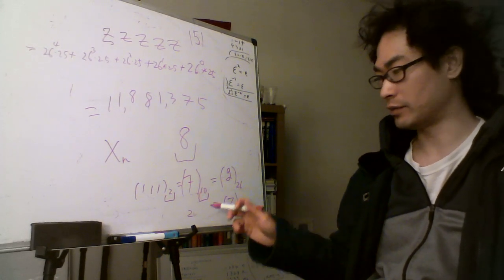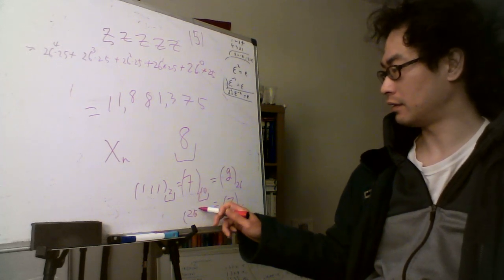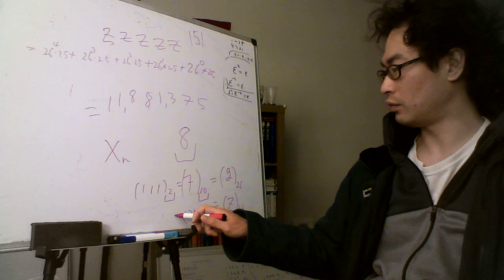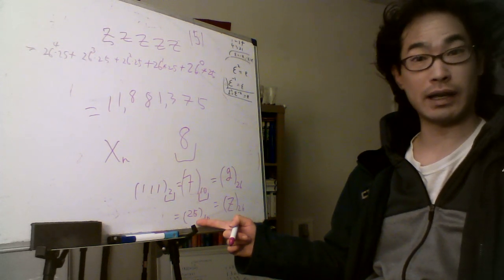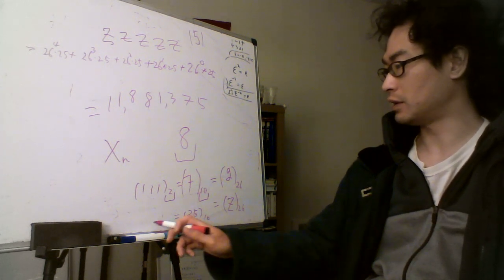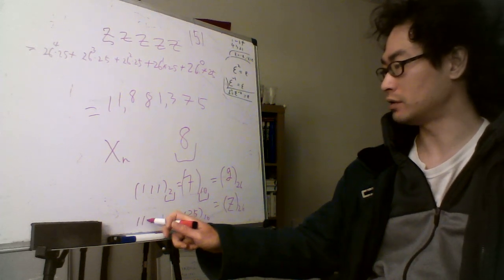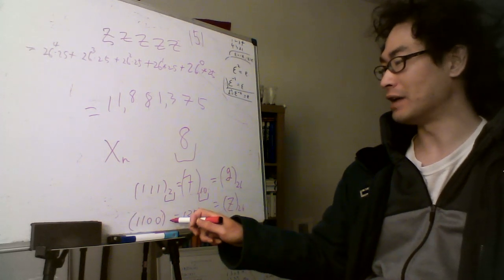It starts from 0. 25 is 16 plus 8. 1100. How do I know it so quickly? Because I majored in computer science.